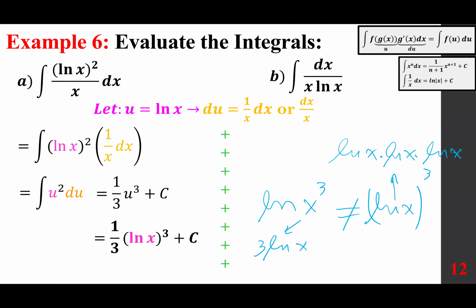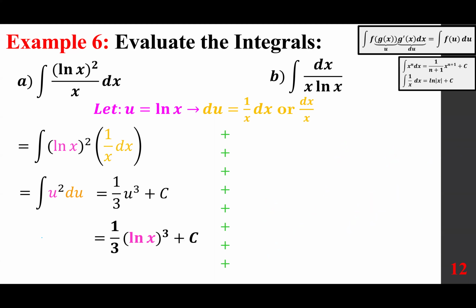For the second case, we are going to rewrite it so it becomes clear what we are dealing with. It's 1 over ln x times dx over x. On purpose, over here I put 1 over x dx, over here I put dx over x just to emphasize, okay, this and this are both the same.